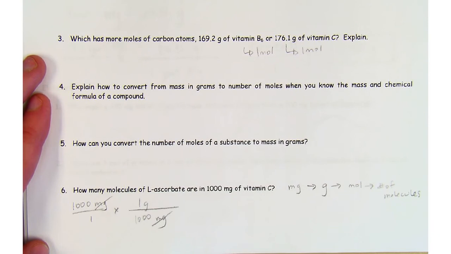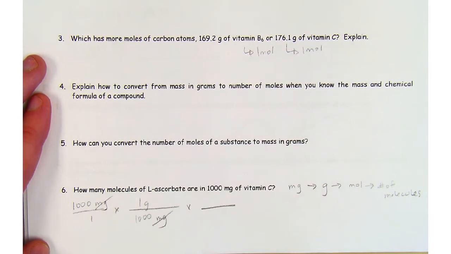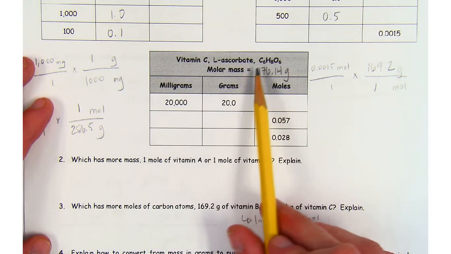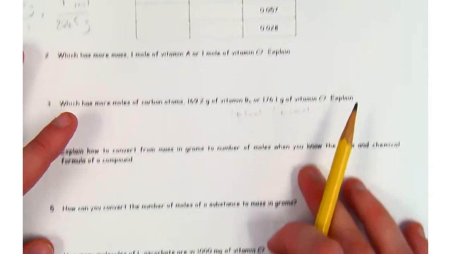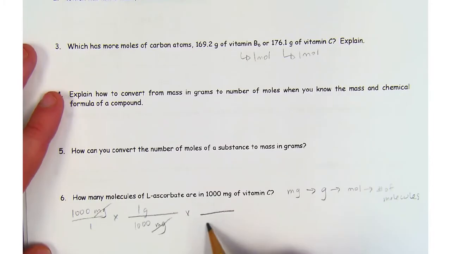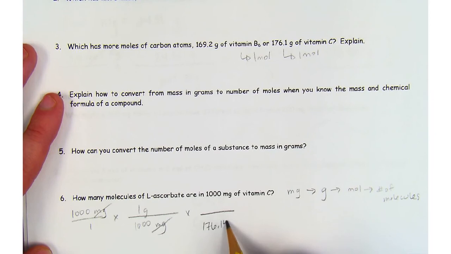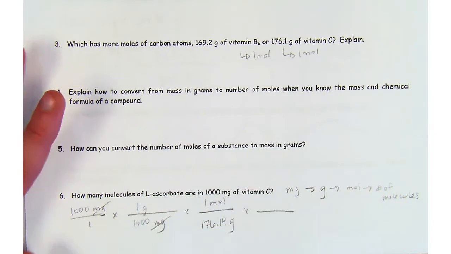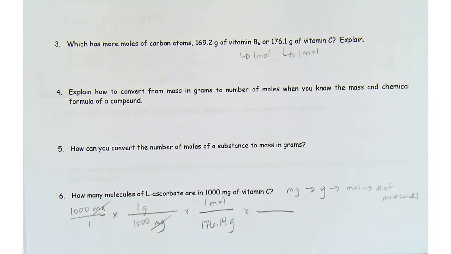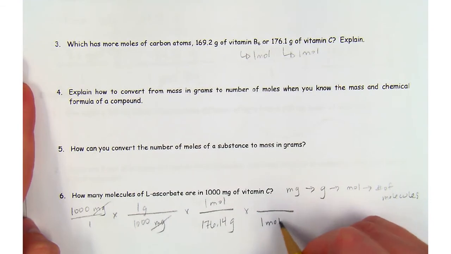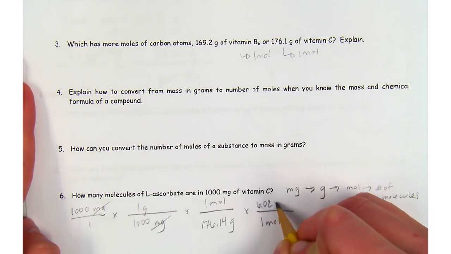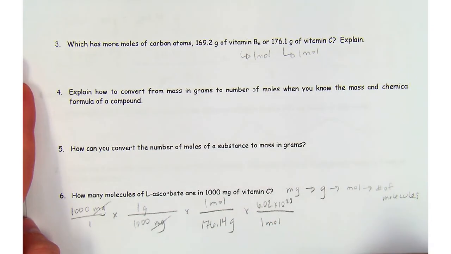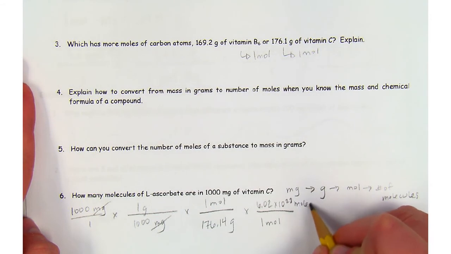Milligrams cancel out. Now I'm in grams, and I know I can get from grams to moles. I'm going to have to look up here. 176.14 grams in 1 mole. And here's where the tricky part comes in. In 1 mole, I have 6.02 times 10 to the 23. In this case, I'm interested in molecules.